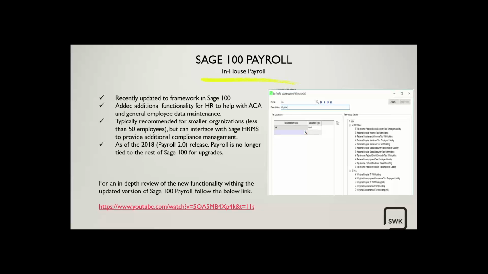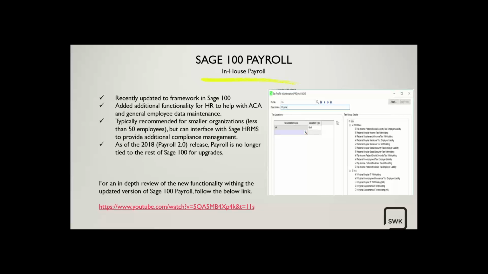It added some stuff around ACA. Where I see it targeted is really for the customers around that 50 employee range. It is a payroll module. I call it an accounting-based payroll. It has some HR functionality.